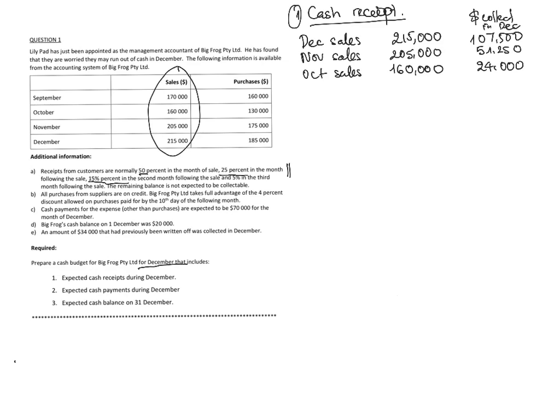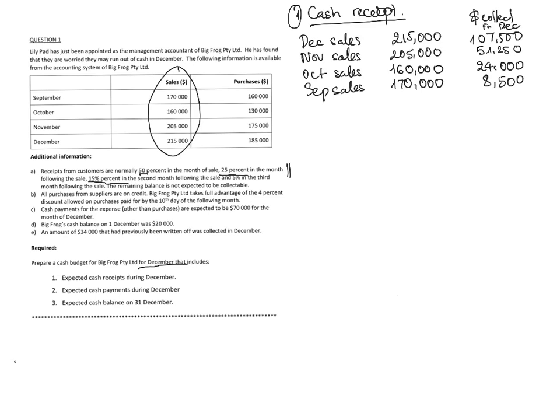Now the last one is September sales. September sales is 170,000, and following this pattern, 5% of September sales will be collected in December. So we take 170,000 times 5%, and we have 8,500. Is there any other cash collection here?